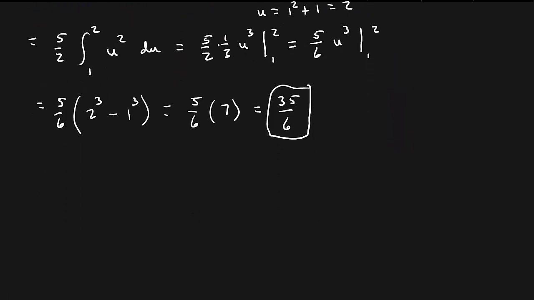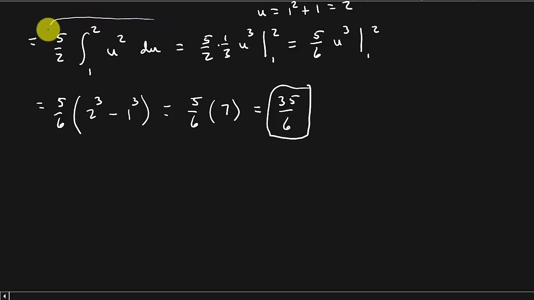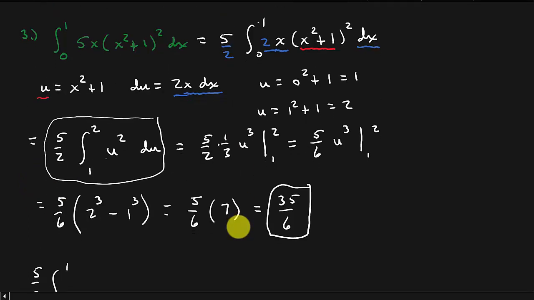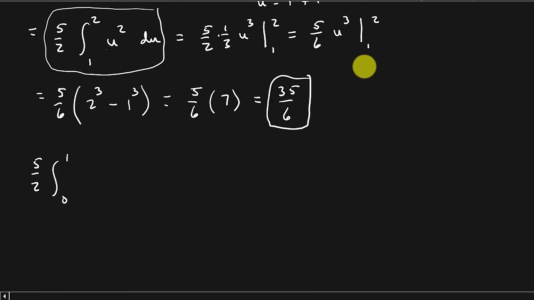Okay, so let's work this problem again. Let's pick up right here, and let's go from this step to this step. So I've got 5/2. Now remember, we're not going to change the limits. So instead of having the 1, 2 where I changed the limits, I'm going to leave the limits at 0, 1. Okay. And so that's going to be u squared du.